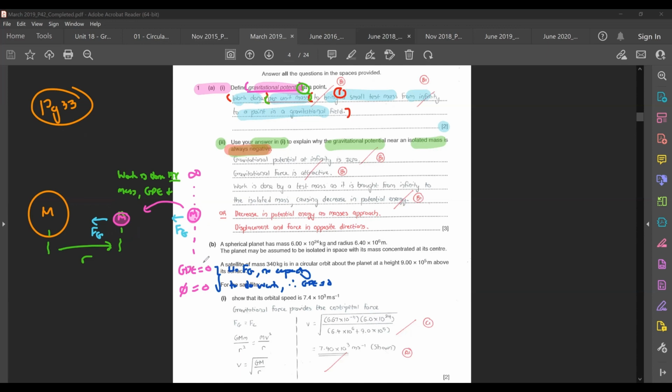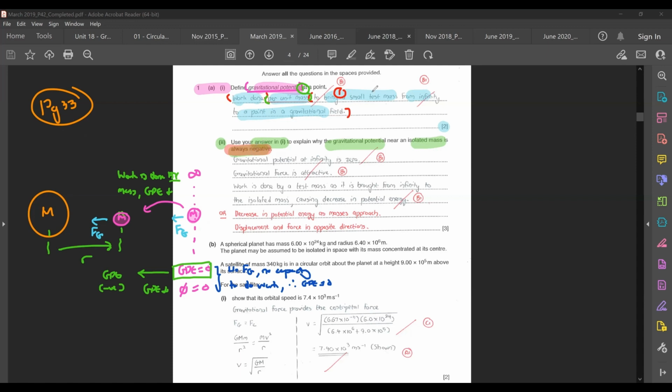Now consider this, if my GPE at infinity is 0 and then I go this way, my GPE drops, chances are the GPE here would therefore all be negative, isn't it? Because I'm decreasing from 0 value. When I have something decreasing from 0 value, it will go into the negative value already.